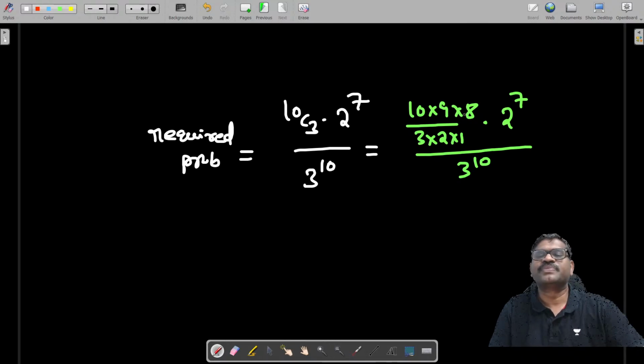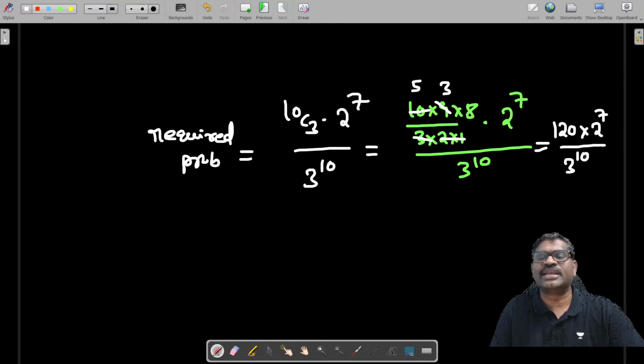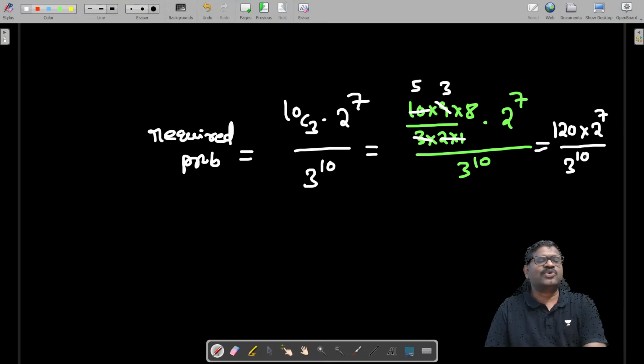Now 2 5s are 10, 3 3s are 9, 15 8s are 120. 120 into 2 power 7 by 3 power 10.